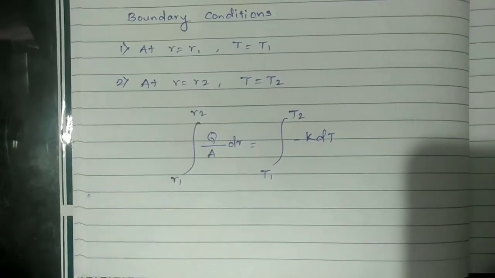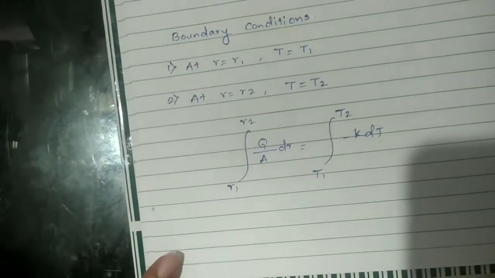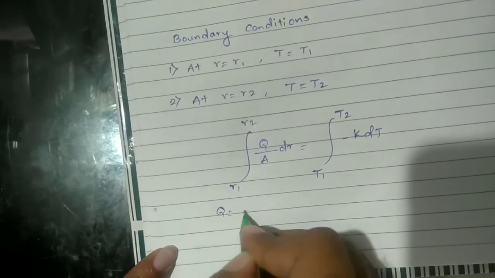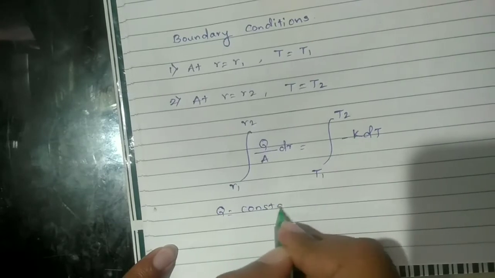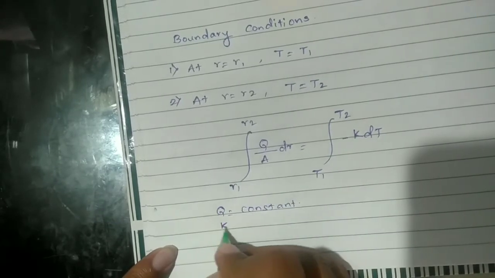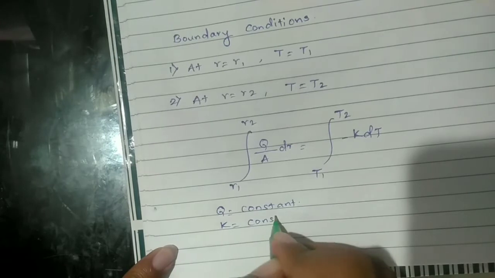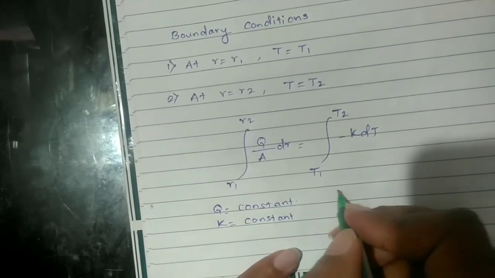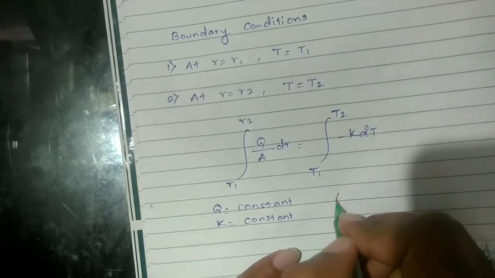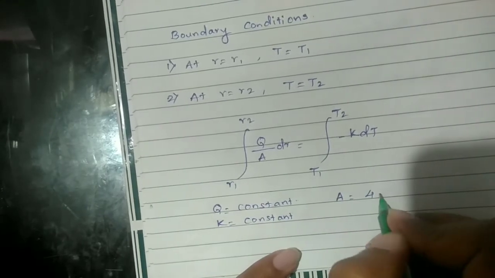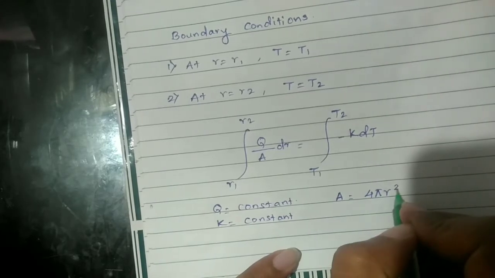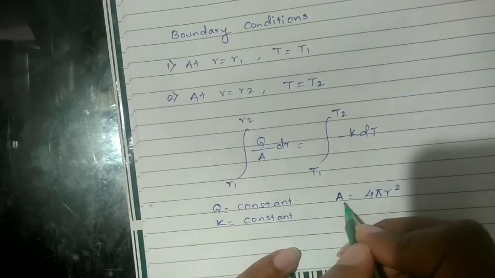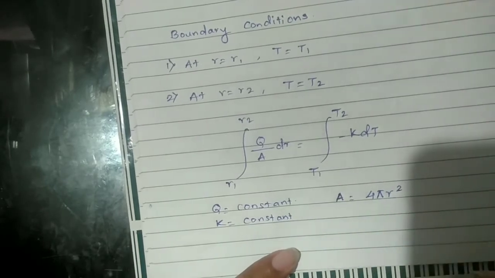Now here, we will list out the constants. Q will remain constant. K is also going to remain constant, as we have considered thermal conductivity to be constant, and A will be 4 pi r square. For a hollow sphere, the area perpendicular to the heat flow will be 4 pi r square.